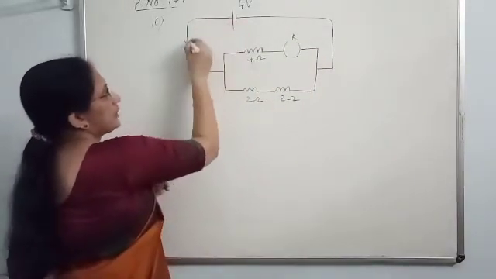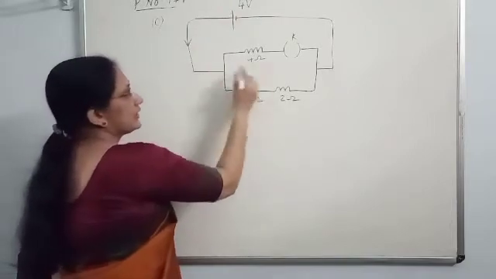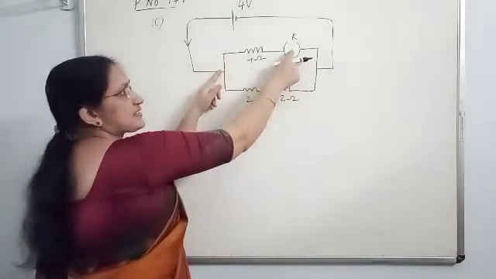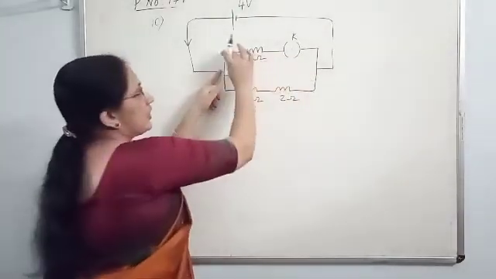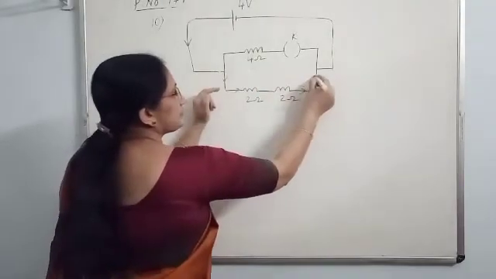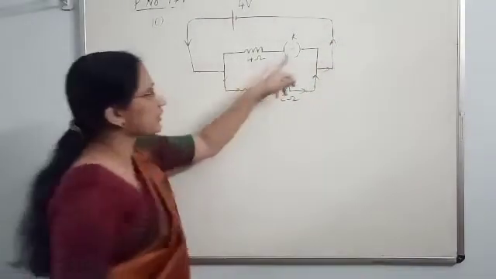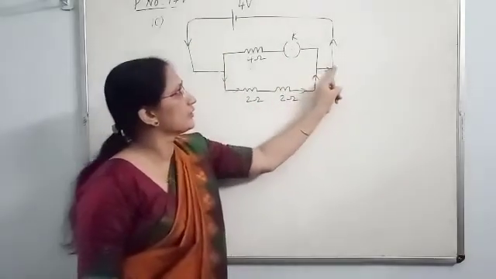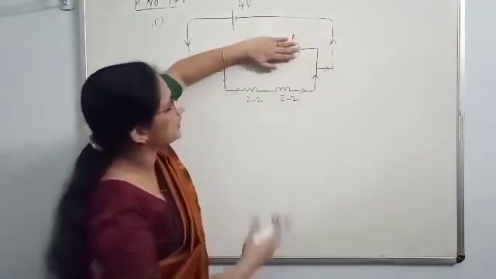This is the positive terminal. Current will reach here. At this point, current has 2 paths. Since this key is opened, no current will flow in this circuit. Current will flow through this branch only. When the key is opened, this is how the current flows. That means this branch you can ignore.